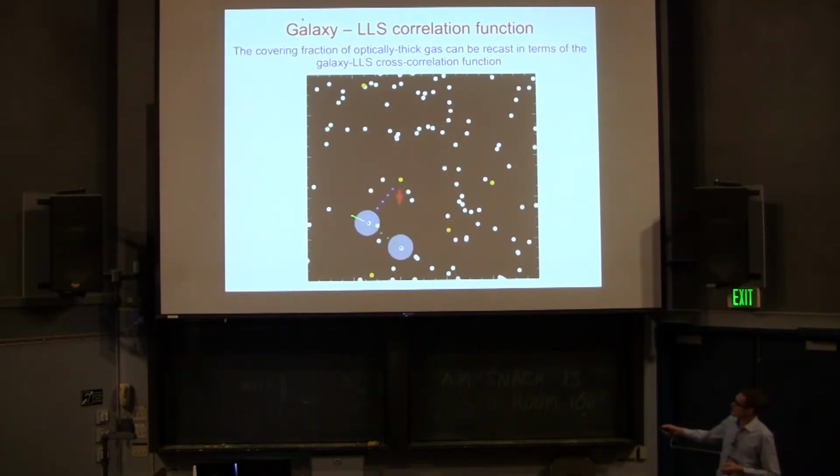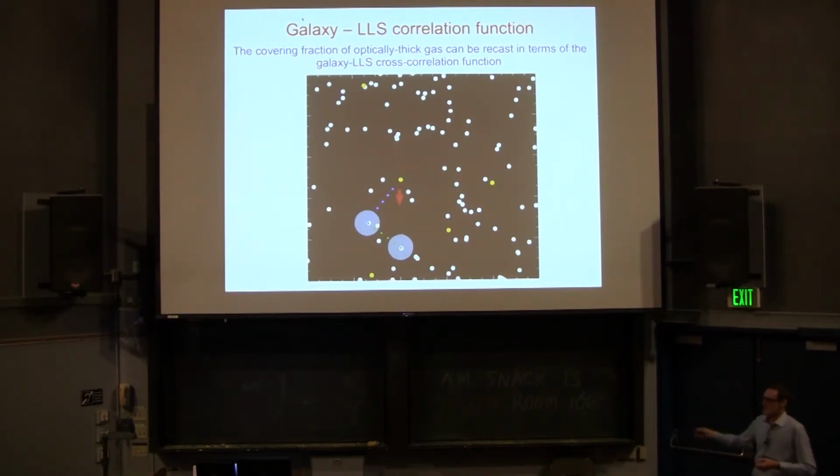Now if you consider a galaxy-quasar pair which is more widely separated, of course this quasar is not going to be intersecting that halo. But again, you can ask what's the probability to find a Lyman limit system? That probability is going to be given by a joint probability of finding a halo, given that there is the halo you're looking at. This is given by the autocorrelation function of dark matter halos.